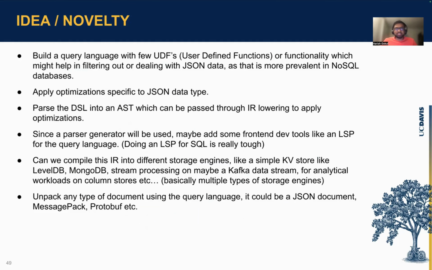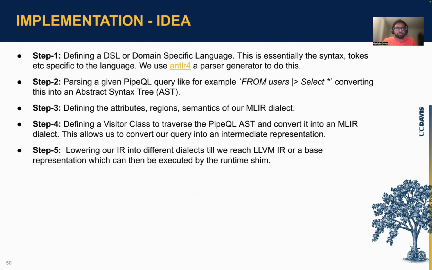So what we essentially want to do here is define a language, a front end for the language, and then use MLIR to compile it down into an intermediate representation, lowering it down to assembly code or code which can be executed against, let's say, Apache Arrow or LevelDB or any sort of storage engine. So here's the implementation idea.